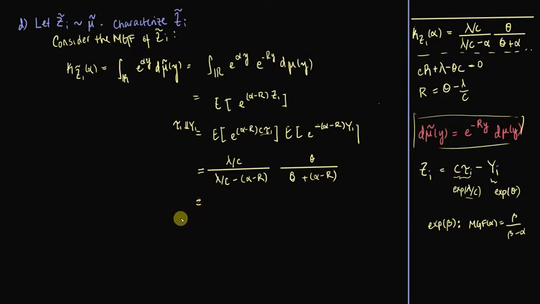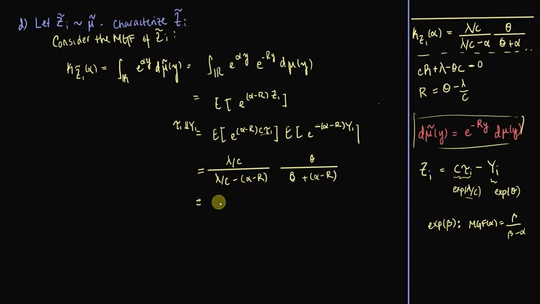And what we can do now is use what we have from previous exercises where we calculated the value of r. So you can see that in this first fraction, if you just multiply everything by c, then you'll have lambda on the top, and then lambda minus c alpha plus cr.